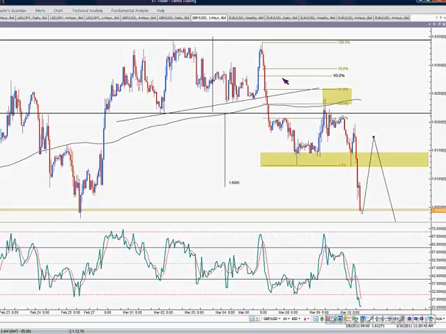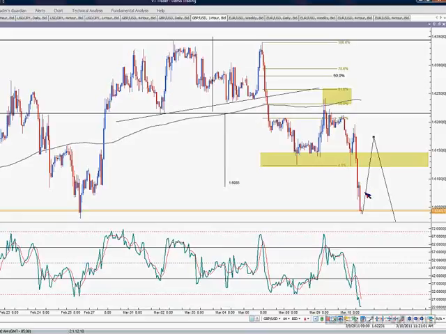So this is basically A, B, C, or 1, 2, 3. In either case, this would be a bearish outlook. This would be a bearish swing, whether this is a B or a 3.